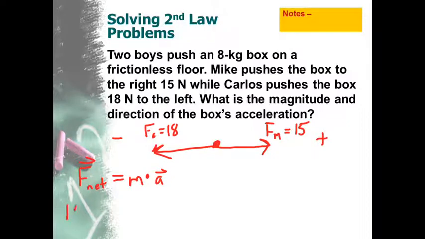So we have 15 plus negative 18 equals the mass of the box, which is 8 kilograms, times the acceleration. This should be a pretty straightforward equation to solve.